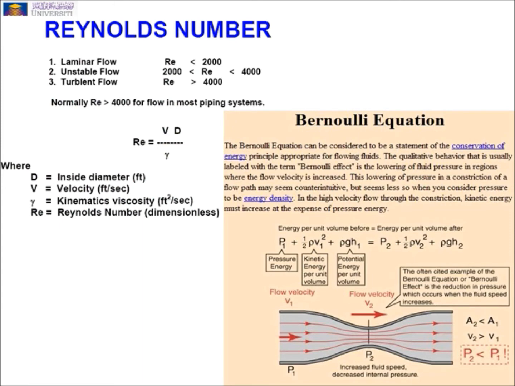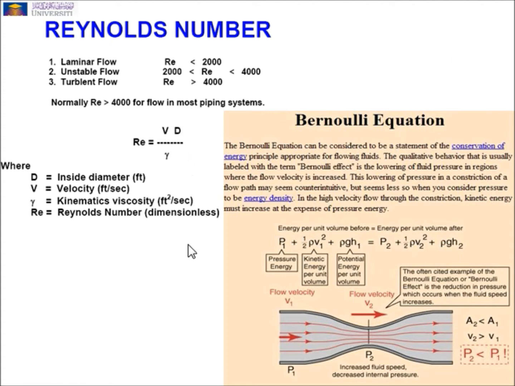So next is the Reynolds number. The formula is Vd over gamma. V is the velocity, D is the inside diameter, gamma is the kinematic viscosity, and Reynolds number is Re.